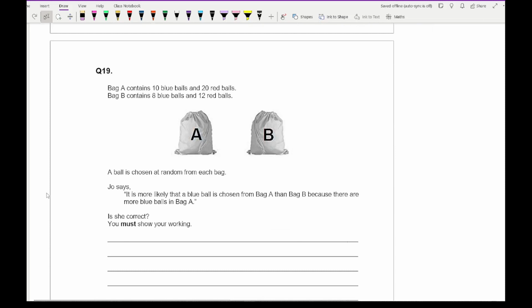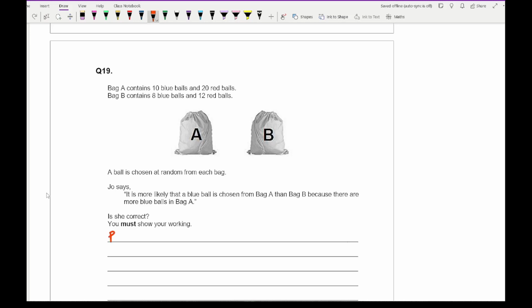It says bag A contains 10 blue balls and 20 red balls. Bag B contains 8 blue balls and 12 red balls. A ball is chosen at random from each bag. Joe says it's more likely that a blue ball is chosen from bag A than bag B because there are more blue balls in bag A. Is she correct?